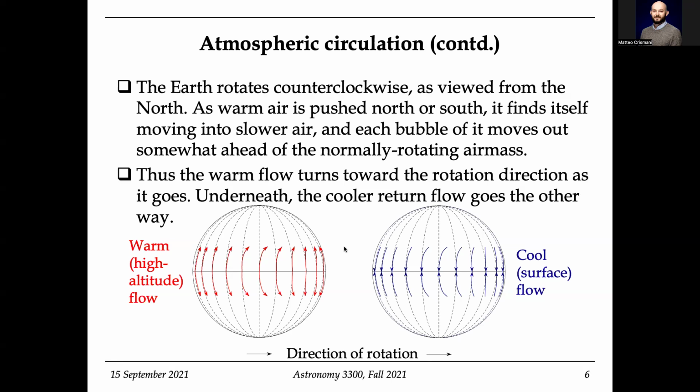Underneath, the return flow goes the other direction, right? So it's trying to go this way, it's deflected, and this is happening at the surface. Okay. The core, this is this one.